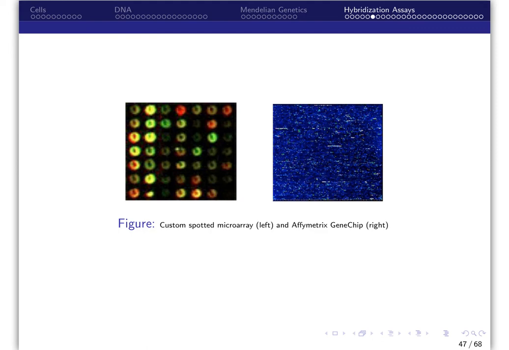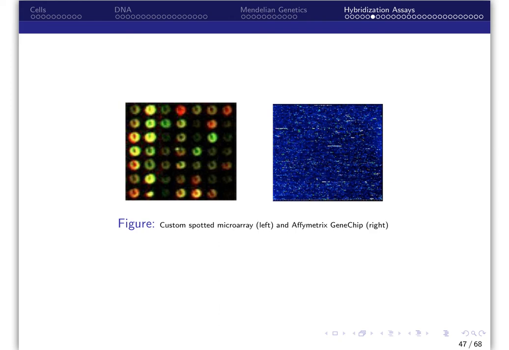We will now discuss the initial technologies for which there were two main approaches for fabricating microarrays. The first was deposition of DNA fragments, which were PCR amplified cDNA clones, and therefore the sequence does not need to be known. This is known as custom spotted arrays and is seen in the image on the left.